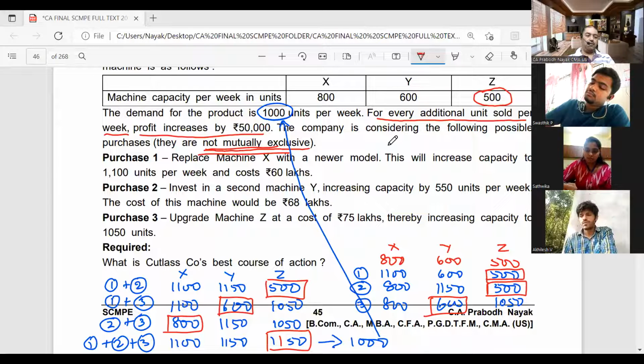Therefore, all 3 machines are to be purchased and upgraded. All 3 machines are required to be purchased or upgraded.